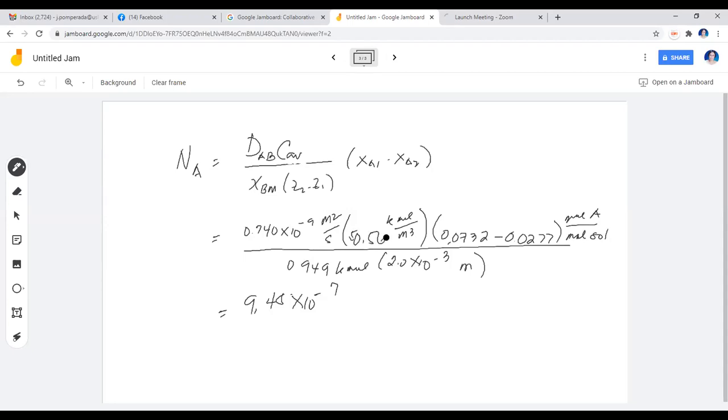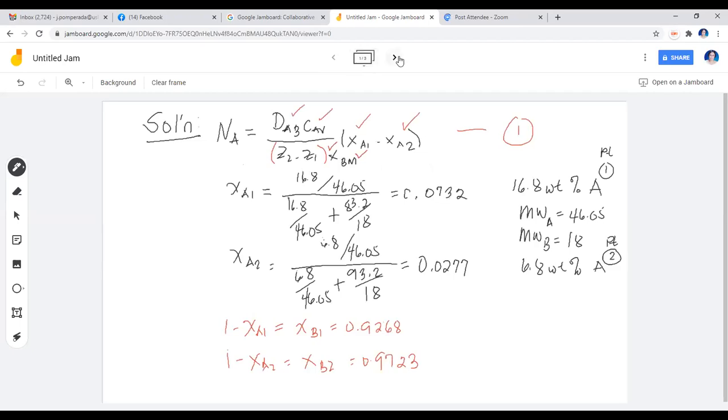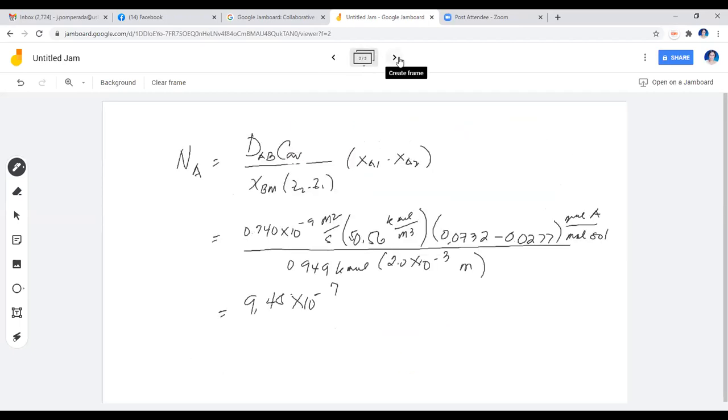So if we will now have it multiplied to the rest of the values we have in the equation, XA1 will change to 0.0732. Change it already.